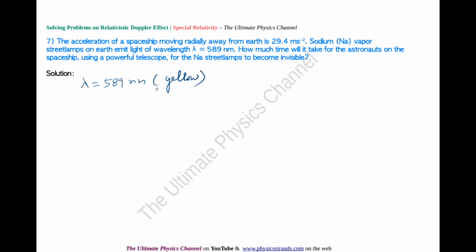So for this yellow to become invisible, lambda goes to what color then? That is completely redshift, right? Invisible it becomes. That means in our visible spectrum, the corner beyond yellow in this direction becomes invisible.